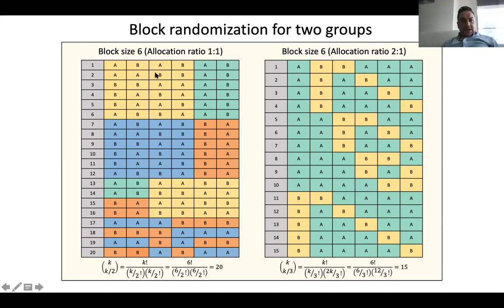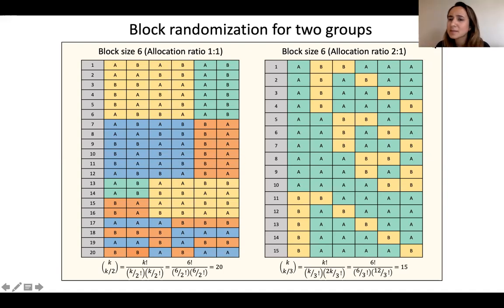I think you are correct, Clara. In that case, this 1-to-1 is going to allocate here 3 patients in A, as you can see here, and 3 patients in B, plus 3 patients in A, 3 patients in B. So definitely it's going to be an even distribution of the patients. So yes, the answer is yes.